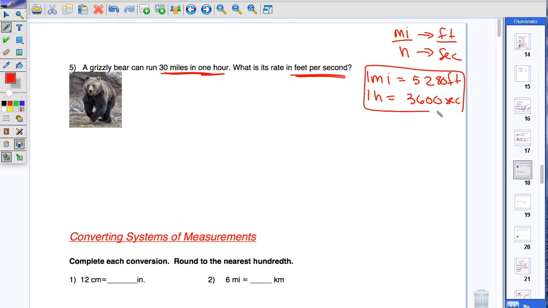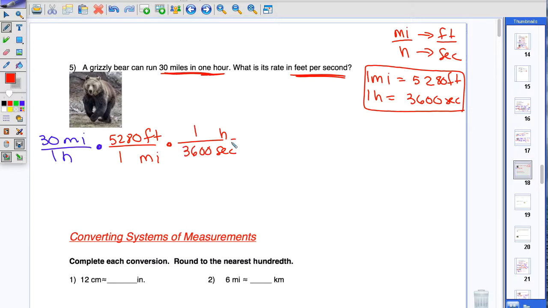Those are our two conversion factors that we're going to use. So start with your original, 30 miles over 1 hour, times it by your first conversion factor. Make sure the units cancel out. So miles goes in the denominator, feet goes in the numerator. So 1 mile is 5,280 feet, times your second conversion factor. We want to go from hours, so see how they cross cancel. It's in the denominator, put your hours in the numerator, seconds in the denominator, and 1 hour is 3,600 seconds.